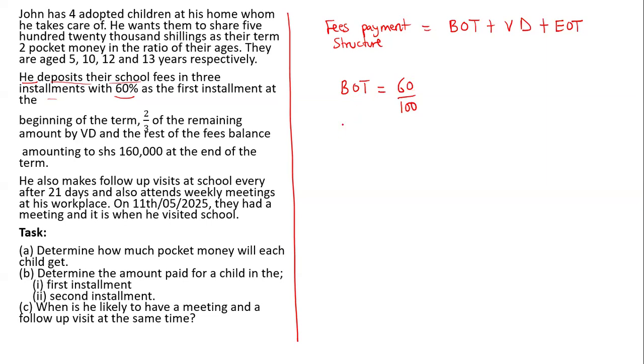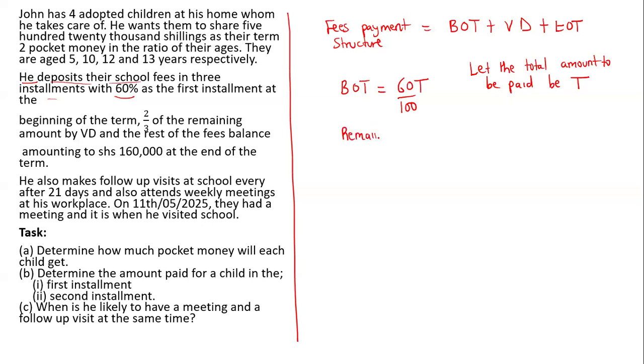Then I'm going to ask myself, how much money is always remaining? That is something you need to ask yourself. So here you're going to allow me to let the total amount to be paid be capital T. So he pays 60 out of 100 of the total amount, which is T. Then what is remaining?